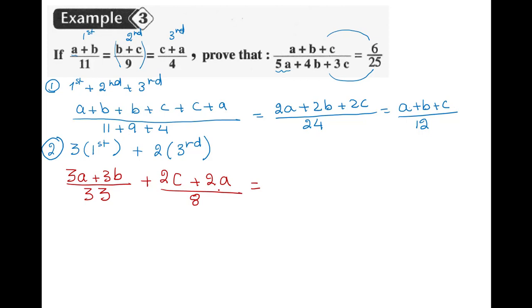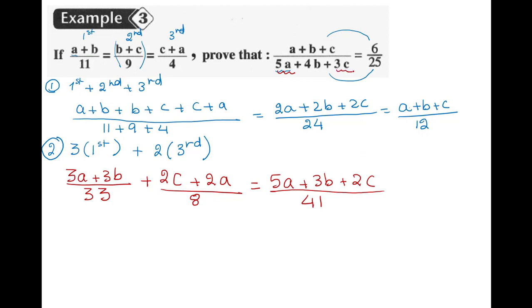So these together will give me, we have here 3a and 2a would give me the 5a that I need, plus 3b plus 2c over 41.